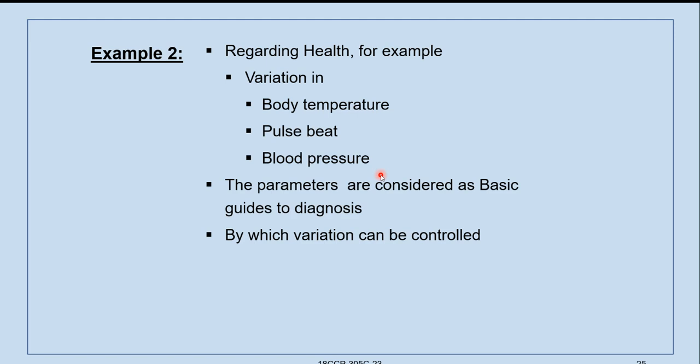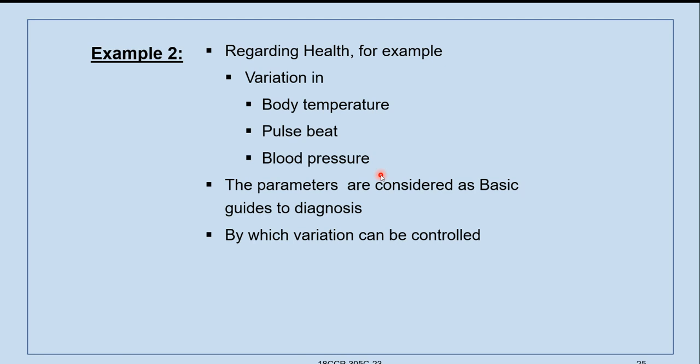For example, with regard to health, variation will be in body temperature, variation will be in pulse beat, and variation may be there in blood pressure. For 10 different people, if you take body temperature, pulse beat, and blood pressure, BP, you may find variation in all these 10 people, right?